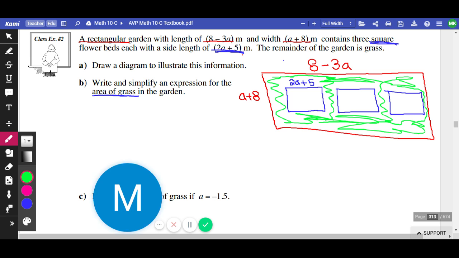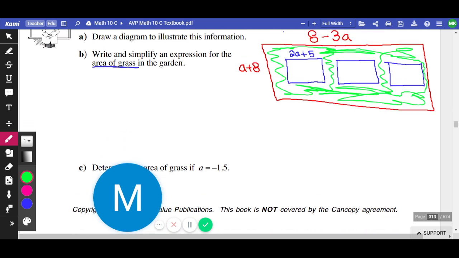So that's exactly what we're going to do. We're going to find the area of the big red thing, then we're going to subtract the area of the 3 blue things. We'll start with the area of the big red thing, right? So if you want to do the area of the big red guy, you're going to do 8 minus 3a, that's the length, times the width, a plus 8.